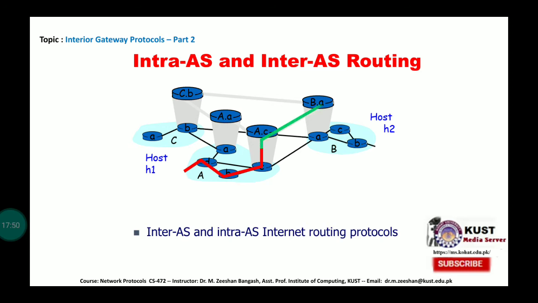This green line shows the communication between the autonomous system A, or the region A, and the region B, and then the host is part of the region B. Then there is again the intra-autonomous system routing that happens within the domain or the region B, which is an autonomous system, and the network or the region where that host or the destination lies.